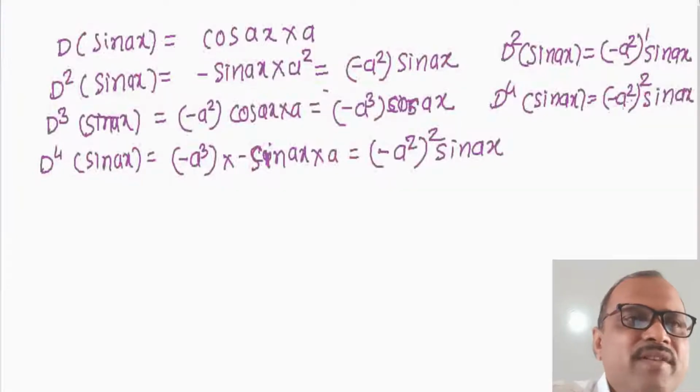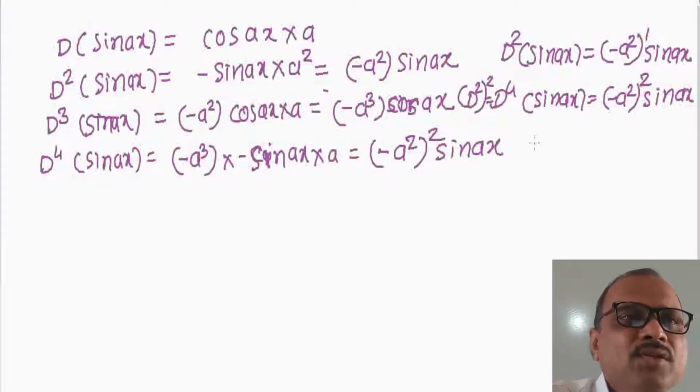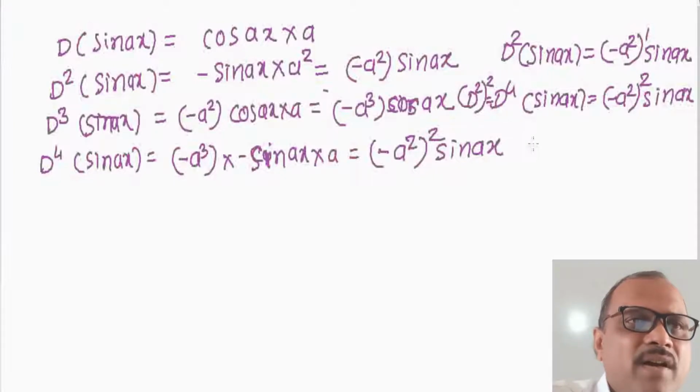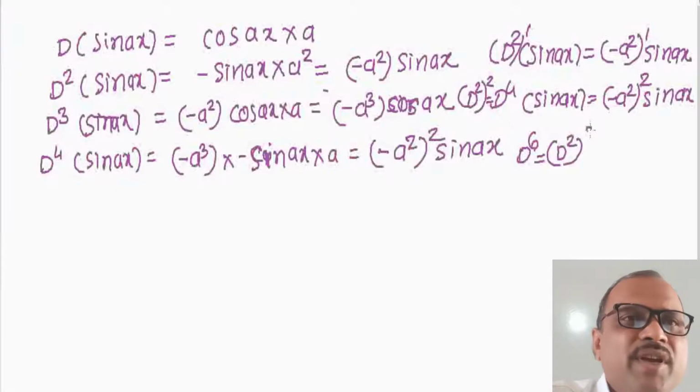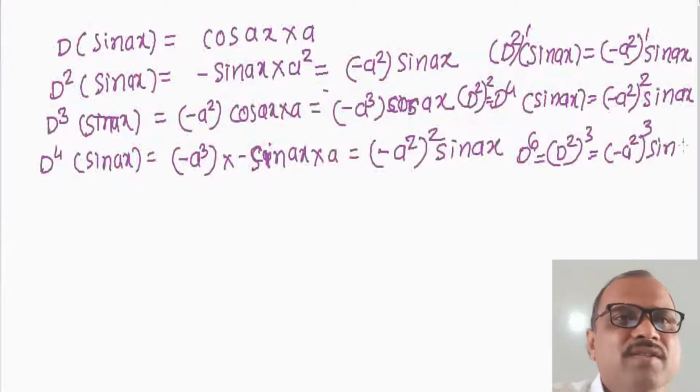What is D raised to 4? This is D square whole square. And D square is D square whole raised to 1. Similarly D raised to 6 is D square whole cube, and we get minus a square whole cube into sine of ax.